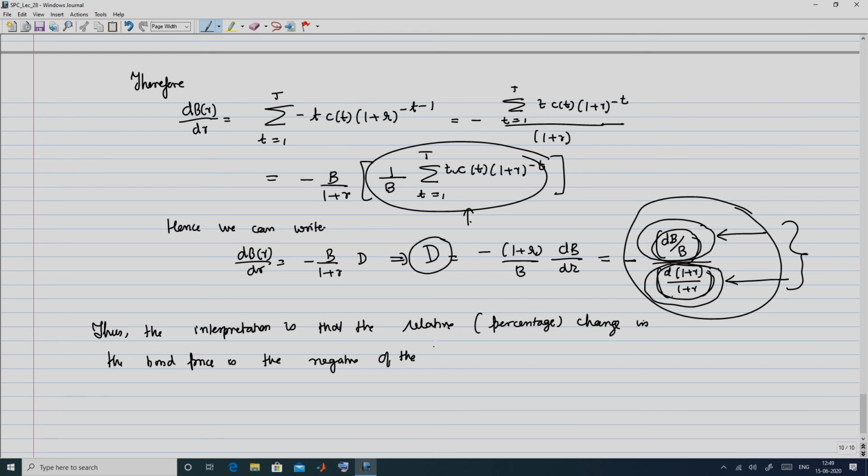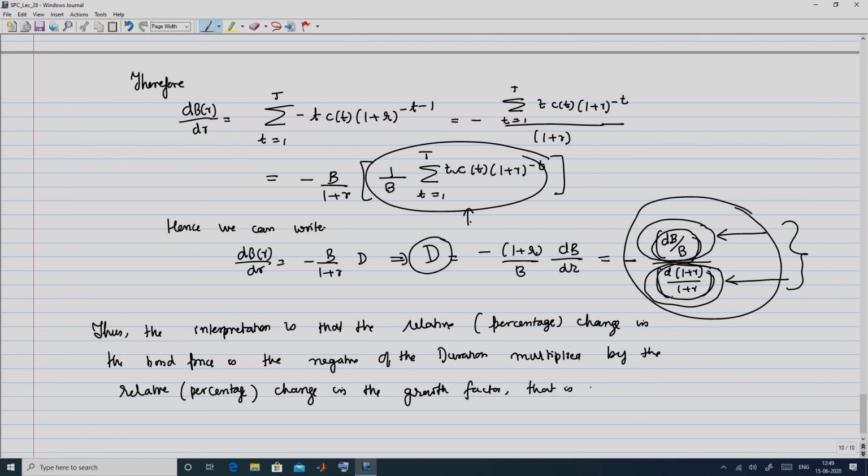So, if we just look at dB over B, this is going to be minus D, negative of the duration, multiplied by the relative or percentage change in the growth factor, that is 1 plus the yield to maturity.